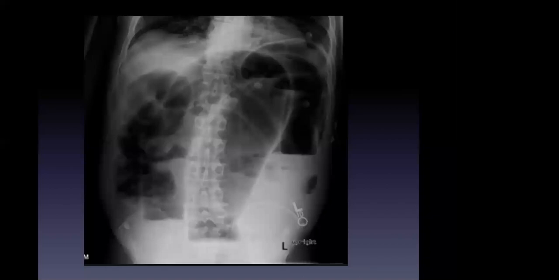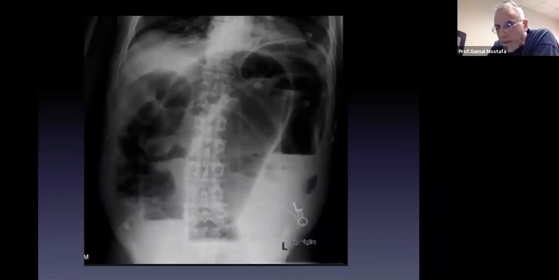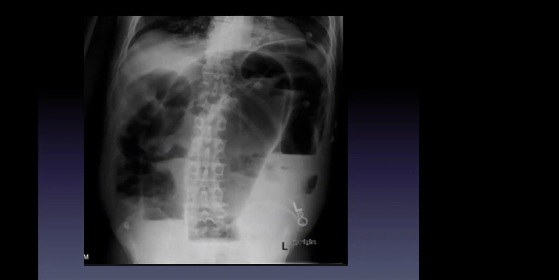So let me ask you a question. What problems may you have if you do a sigmoid colectomy on those people with or without primary anastomosis? Oh, let me reverse that a little bit.